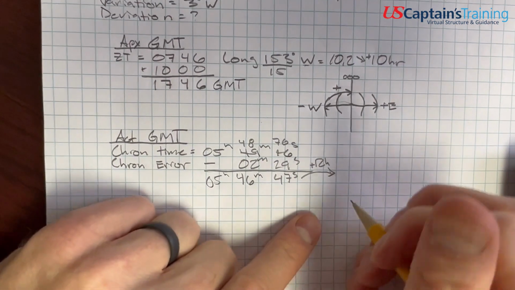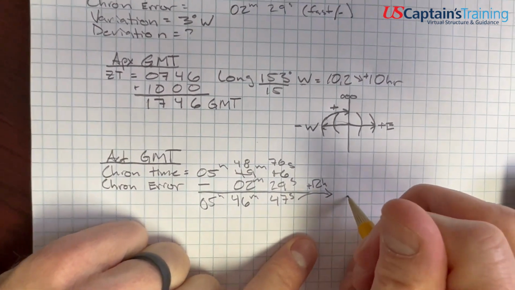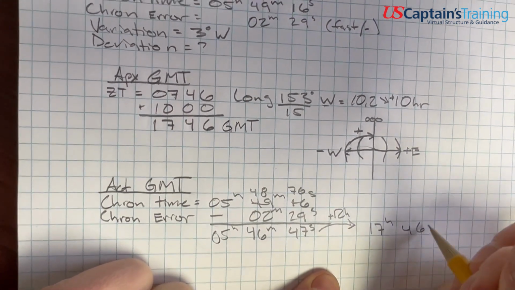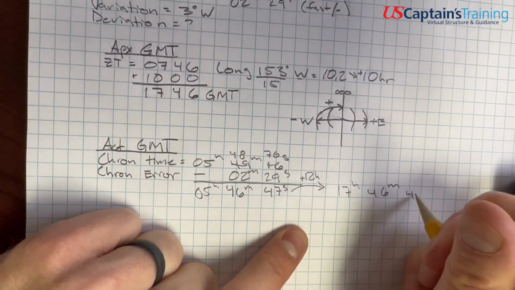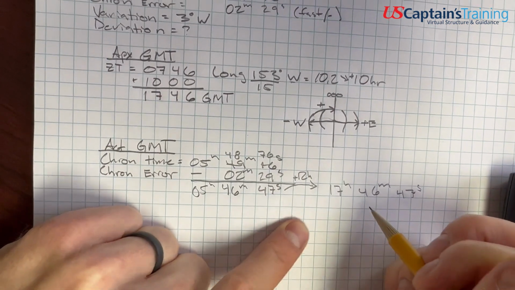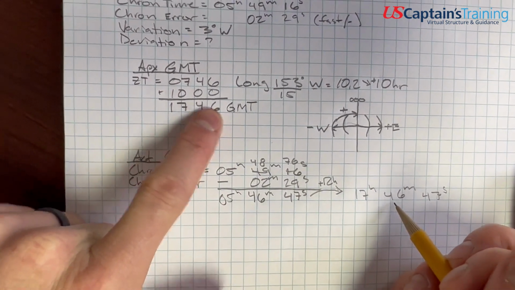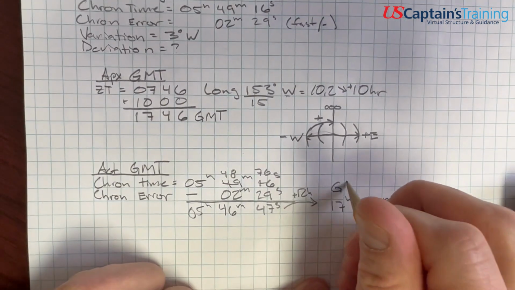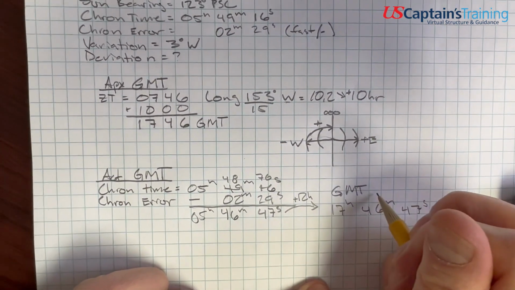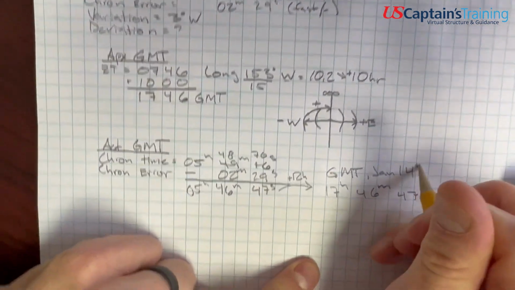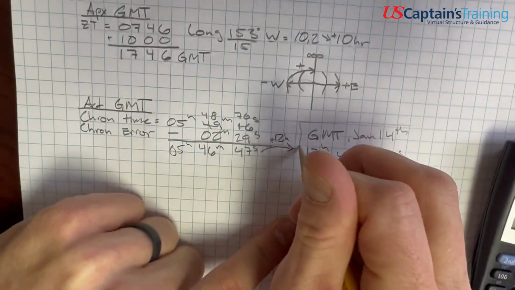We add 12 hours to 5 and we get 17 hours, 46 minutes, and 47 seconds. So now we're lined up, 17:46. And this is our GMT, which happened January 14th. Good, here we are.